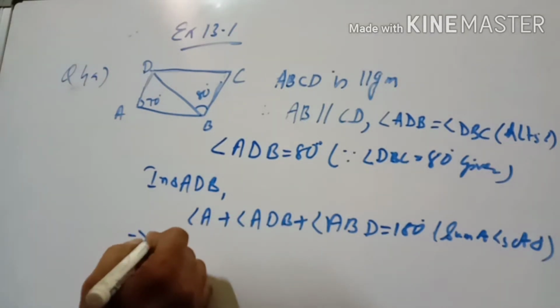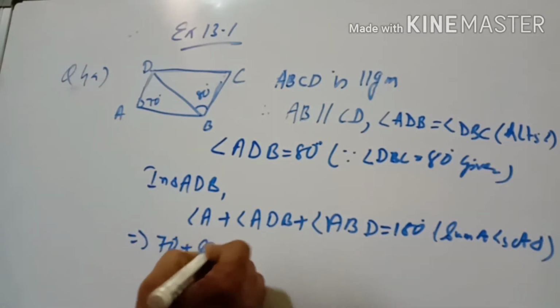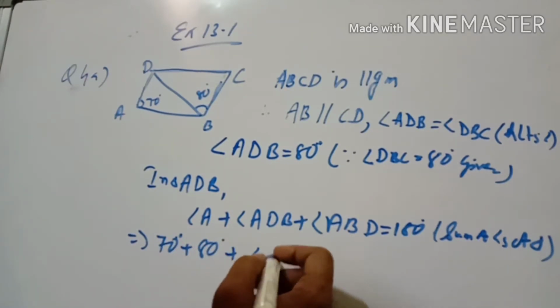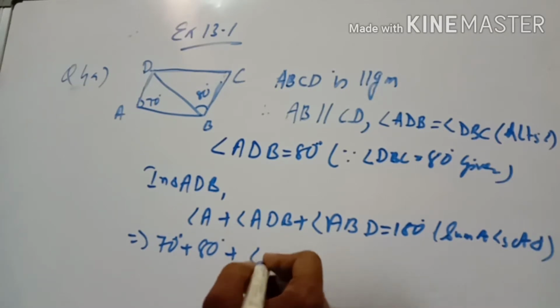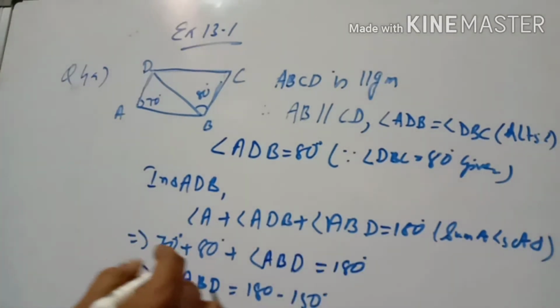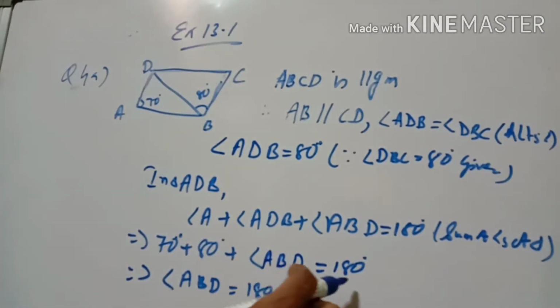Therefore I can write 70 degrees plus 80 degrees plus angle ABD equals 180 degrees. Therefore angle ABD equals what? Angle ABD equals 180 minus 70 plus 80, which means 150 degrees, that is 30 degrees.